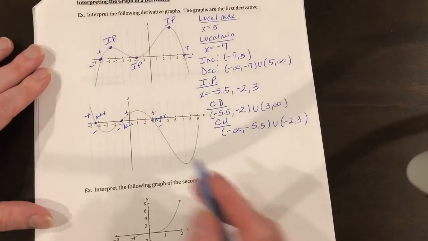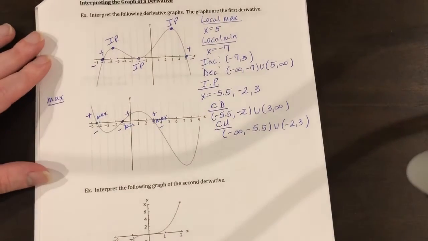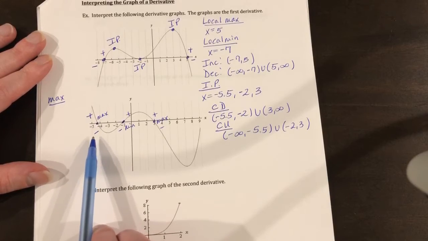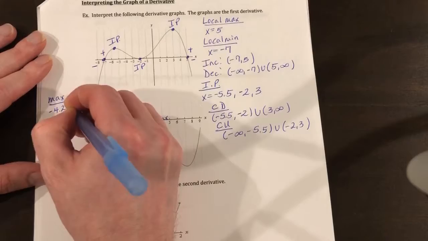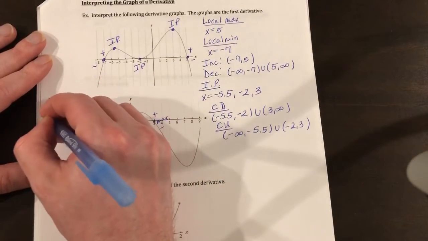So it looks like we have a max, I'd say it's at negative 4.25. And I have another max at 3.